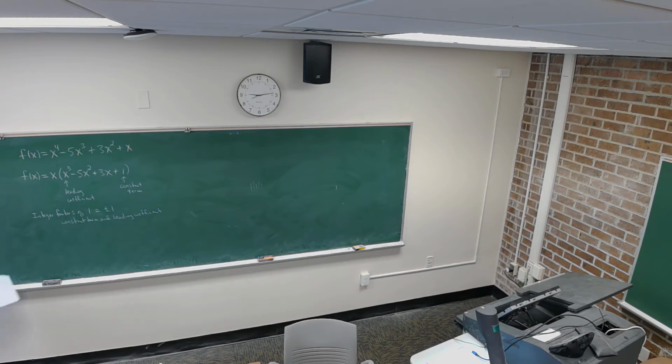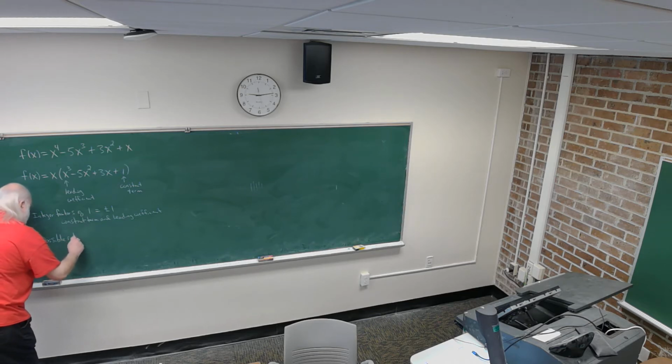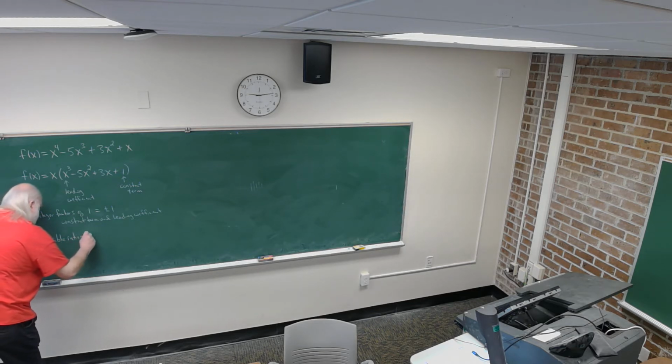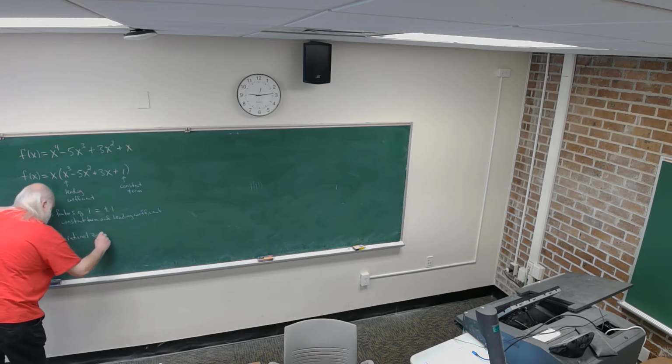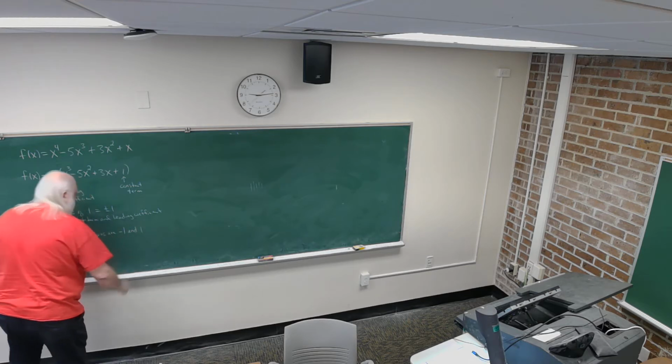So when you take the integer factors of the constant term divided by the integer factors of the leading coefficient, we just get plus or minus 1 again. Okay. So the possible rational zeros in this problem are minus 1 and plus 1.